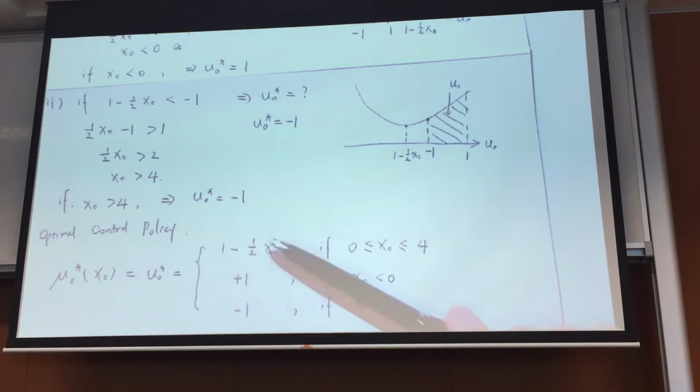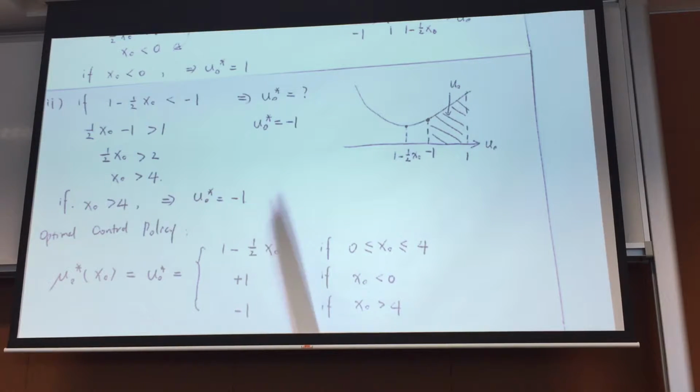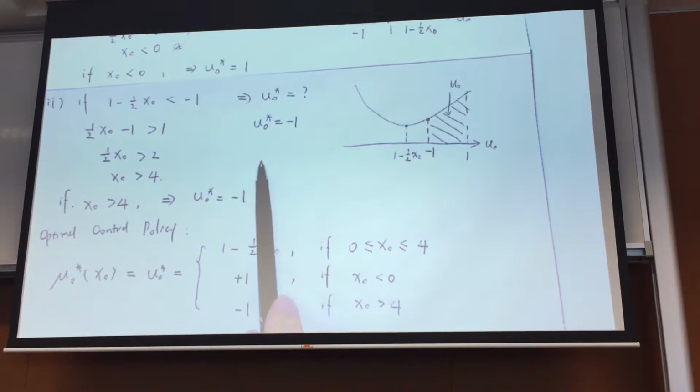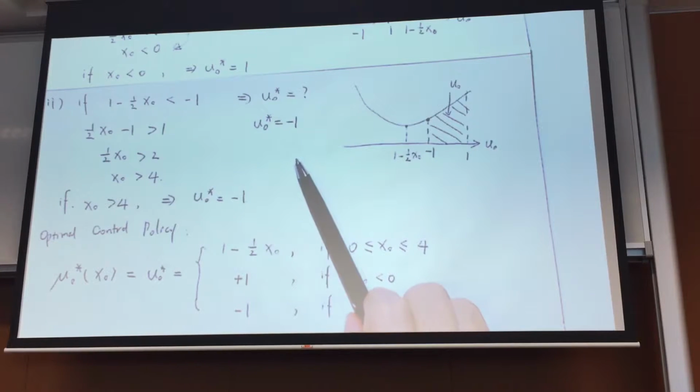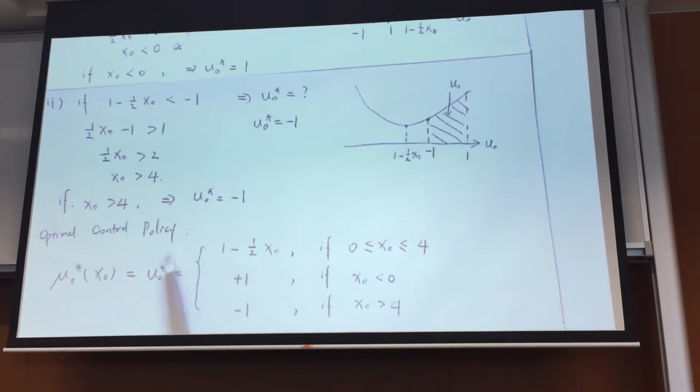You know, the optimization takes a lot of time if you have a lot of iterations. Even if you change a little bit on the condition, you have to do the optimization again. But in this case, we developed a general equation for the optimal control.